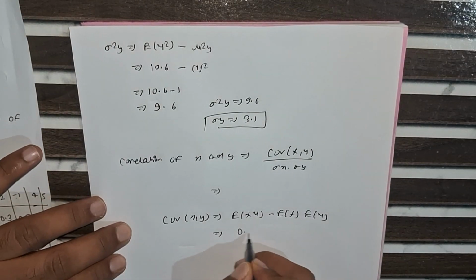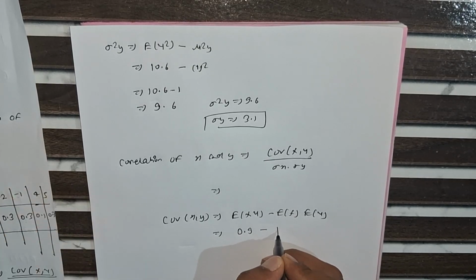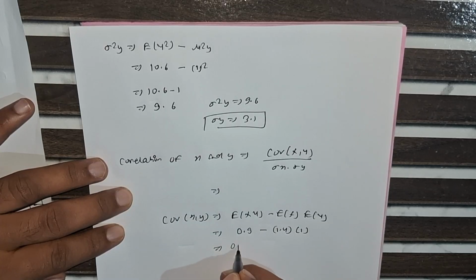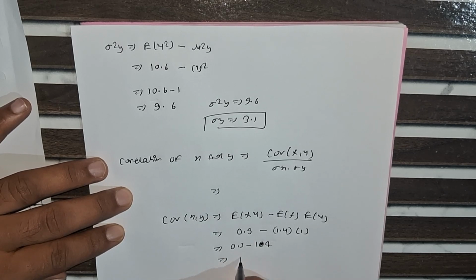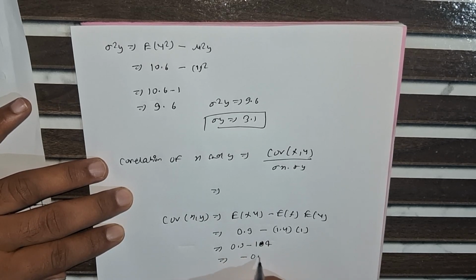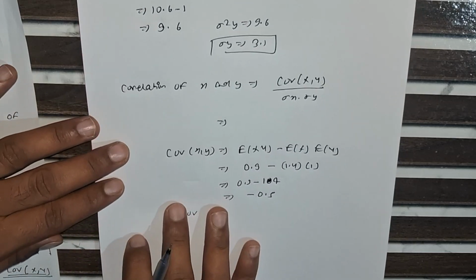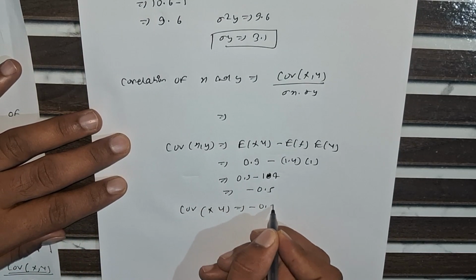So 0.9 minus expectation of x, which is 1.4, into expectation of y, which is 1. So 0.9 minus 1.4 is equal to minus 0.5. So covariance of x and y equals minus 0.5.